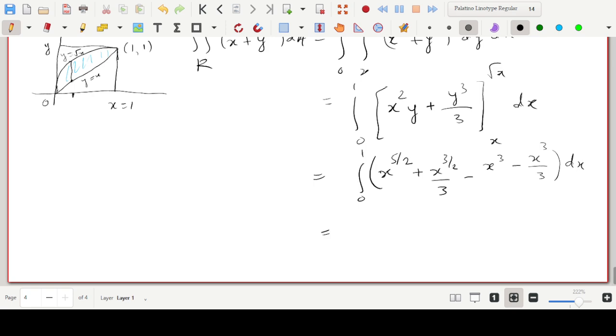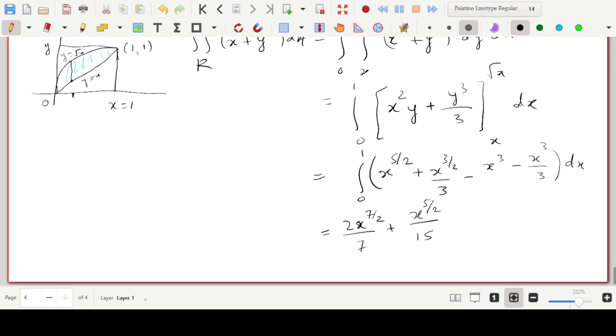So x to the power 5 over 2, the integral of that is x to the power 7 over 2 divided by 7 over 2, so that is 2 over 7, plus x power 3 over 2 over 3, that is x power 5 over 2 divided by 5 over 2, that is 2 over 5, and this remains as 3 as it is, so 2 over 15.